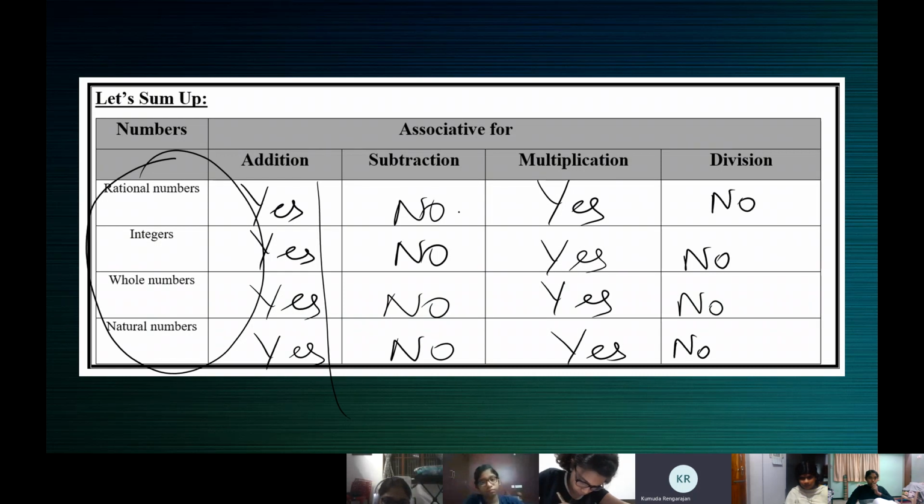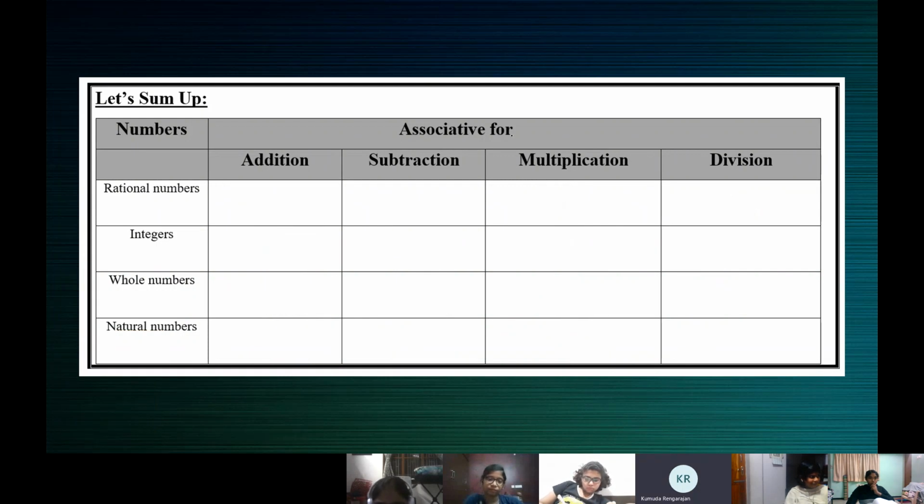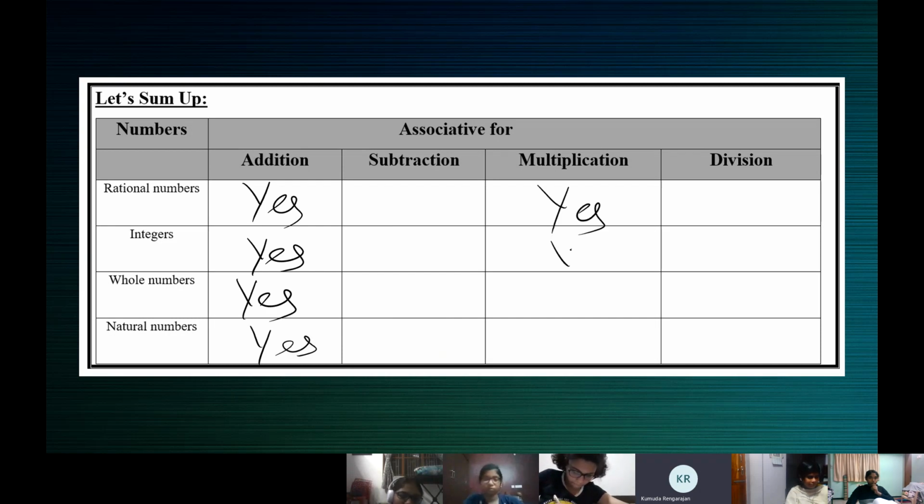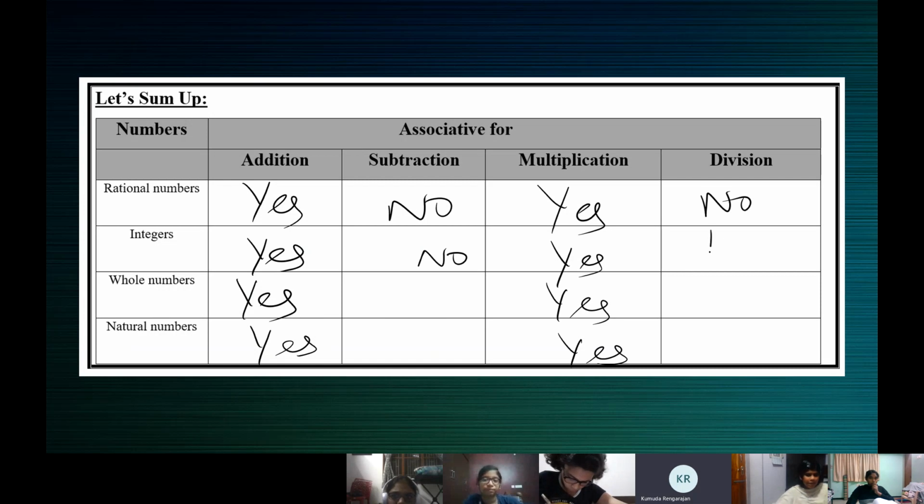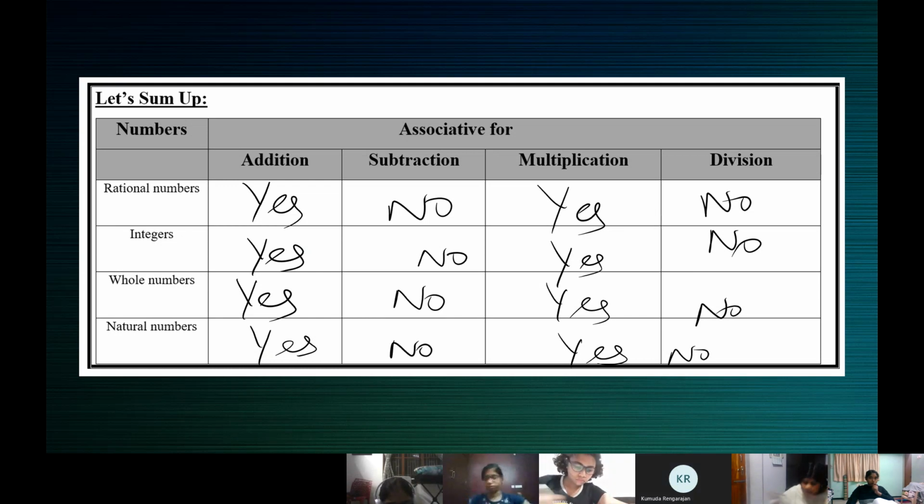For subtraction and division, it's always no. Please fill this. Addition, multiplication, yes. Subtraction, division, no.